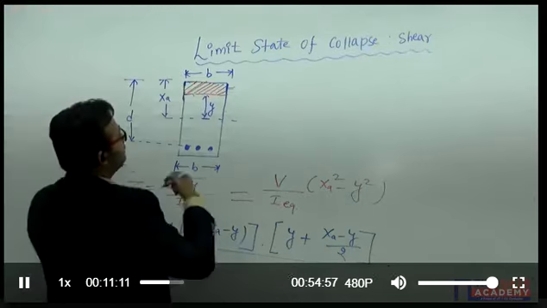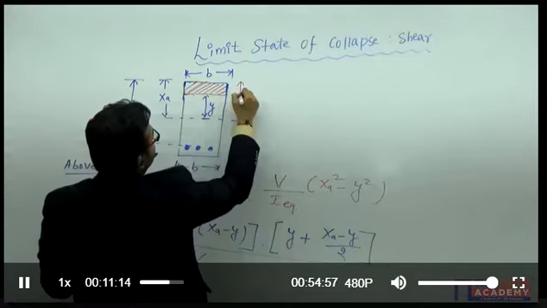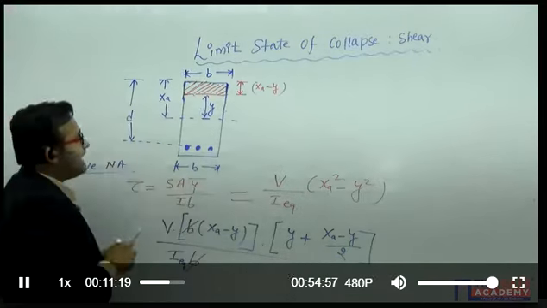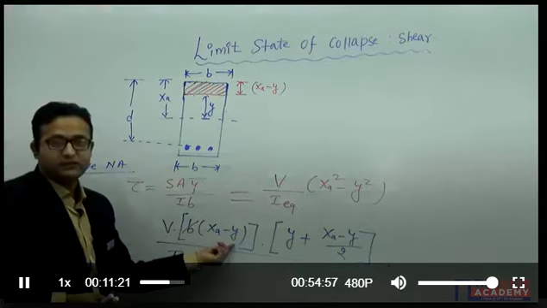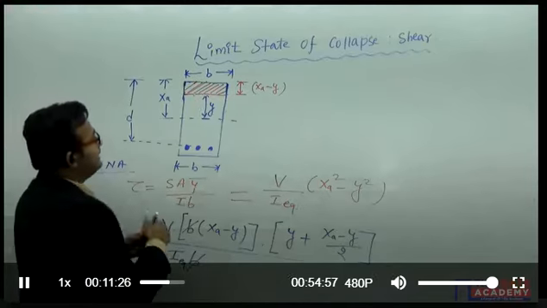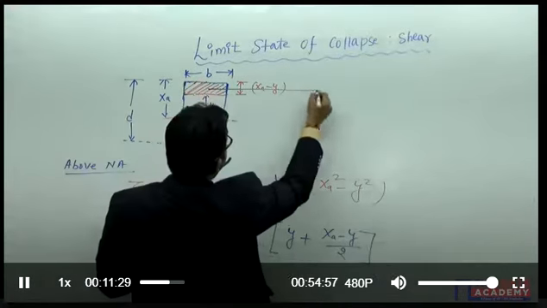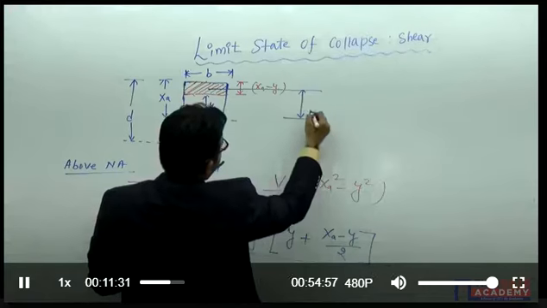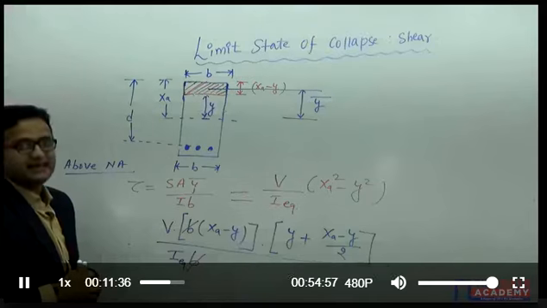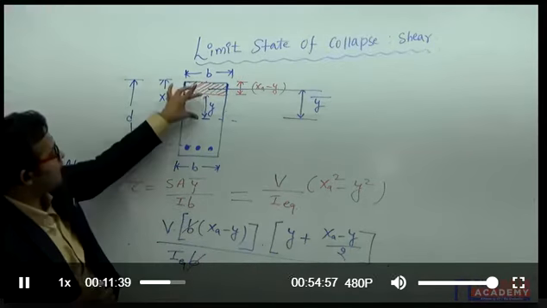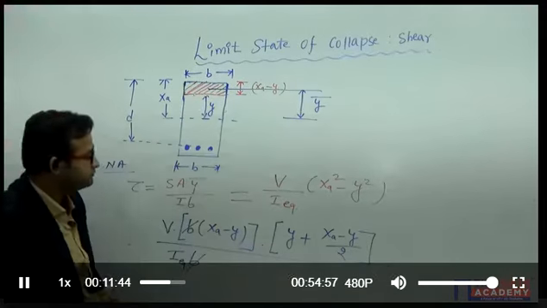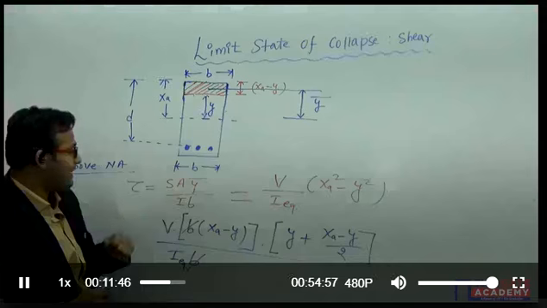This distance is your XA minus Y. So the area is B into (XA minus Y) into Y bar. Y bar is the distance of the CG of this area from the neutral axis. So it is nothing but Y plus (XA minus Y) by 2, right? So it is Y bar.